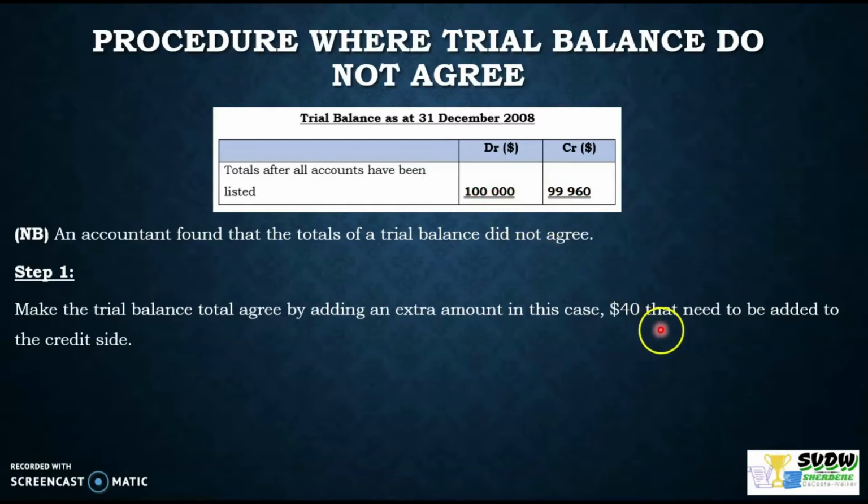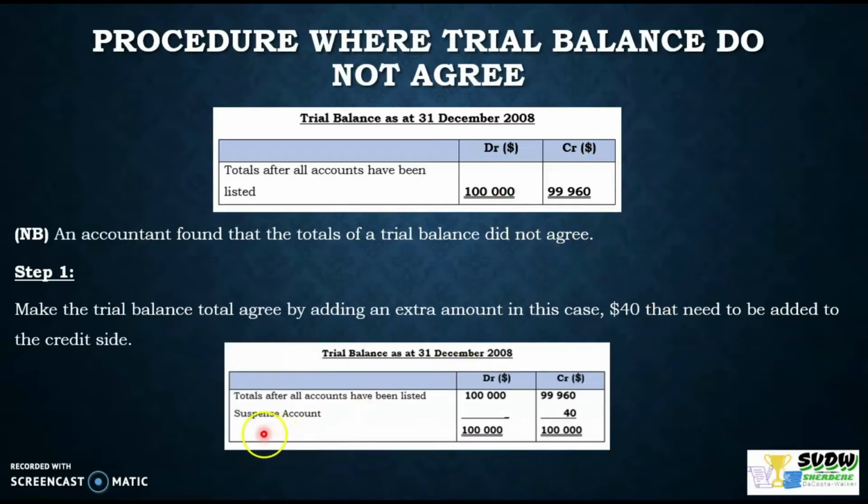So we're going to add 40 to the credit side. And look, suspense account. That's exactly what we were referring to earlier as a provisional account that is used to make sure that the debit and the credit side agree. So we're going to add 40 to the credit side as mentioned before, and this will allow for the trial balance to agree.